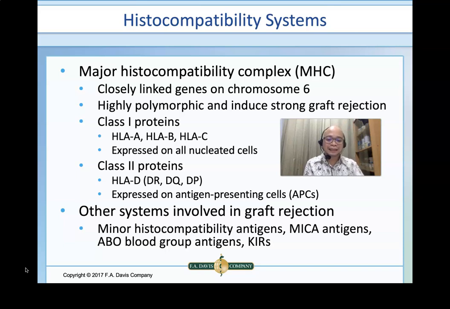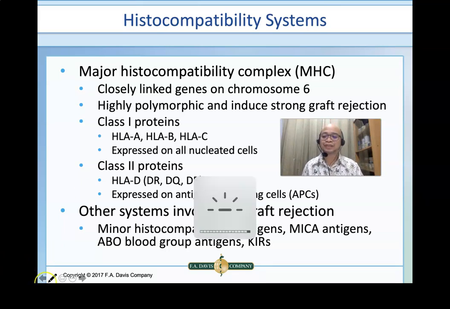And then KIR stands for the killer immunoglobulin-like receptors. These are considered other systems that could be implicated in graft rejection.